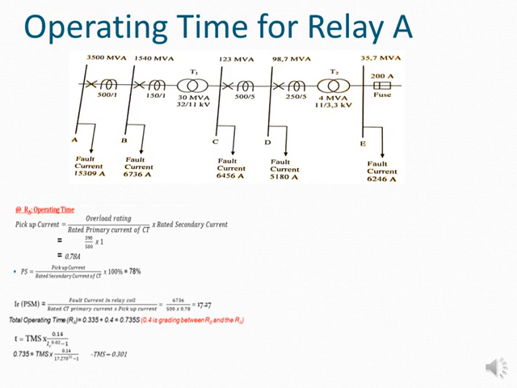So I do my pickup here, and here I don't have a transformer, so my rating on that system is just at 390 because I also don't have an overload given to me. I work out my pickup current and my plug setting, and then I can go to my IR. So my IR is looking at the fault in front of me, which is the one at 6736, and I divide it according to my CT and my plug setting that I got.